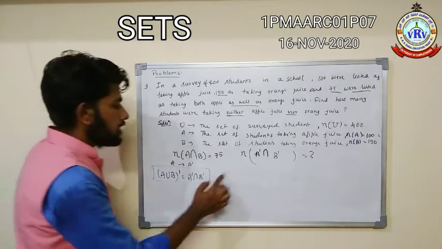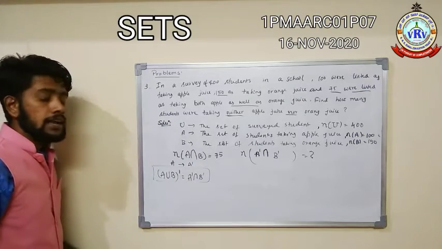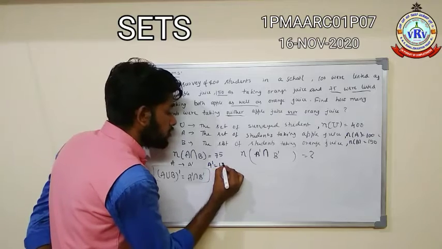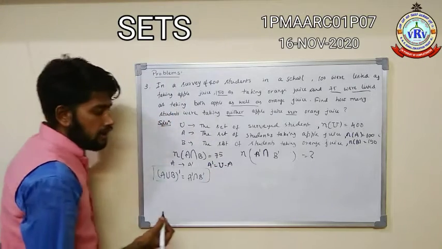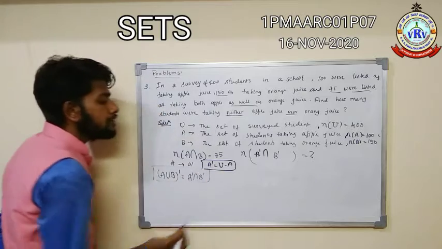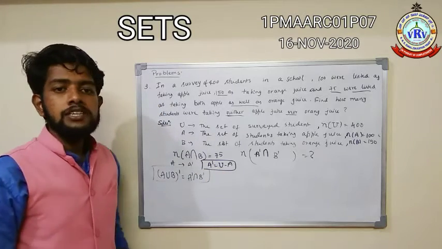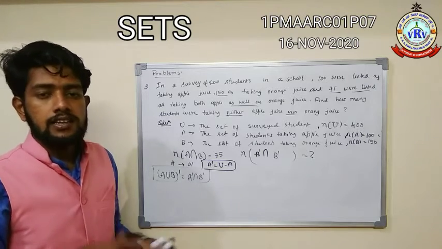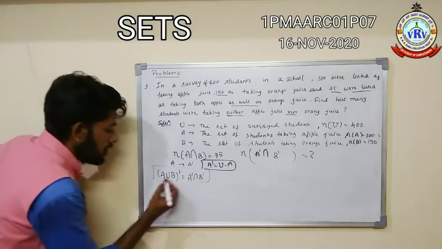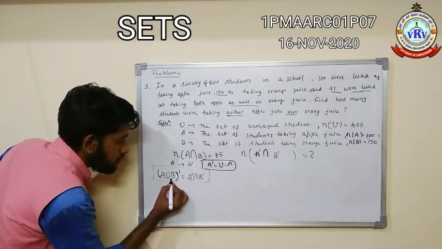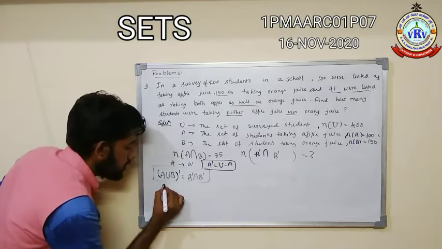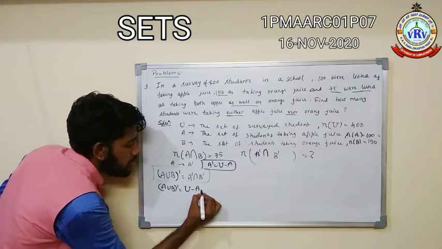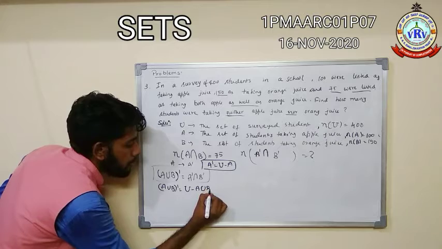And we know A dash means U minus A. The complement of a set is the elements which are in the set U, excluding the elements which are in the set A, then we get the complement of the set. Here also, if you consider this as one set, to get the complement, A union B whole dash is nothing but U minus A union B.